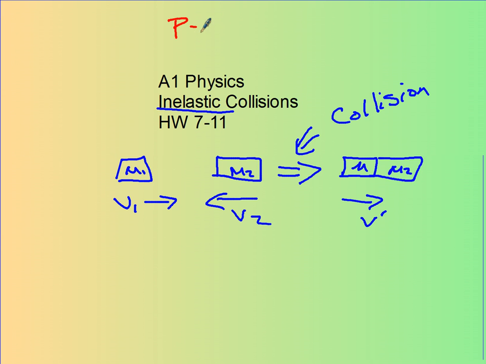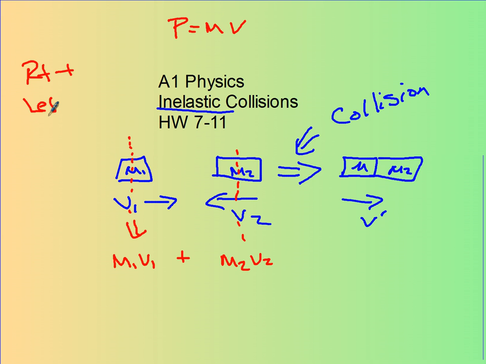Remember, momentum is mass times velocity. So to read these problems, we literally read straight down. So this becomes m1v1. So that's the momentum of the first block. And we have another block here, so we're going to add to that the momentum of the second block, which is m2v2. Now, I'm not going to worry about this sign right here, although we know right is positive and left is negative.